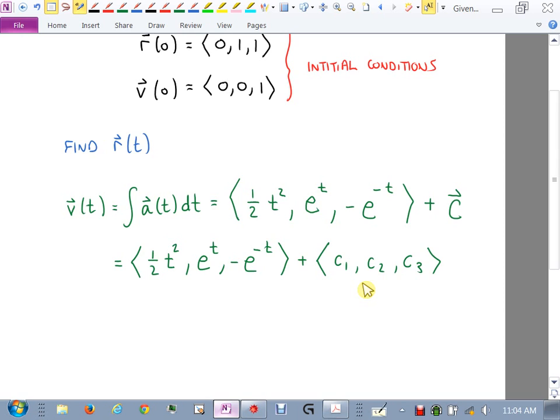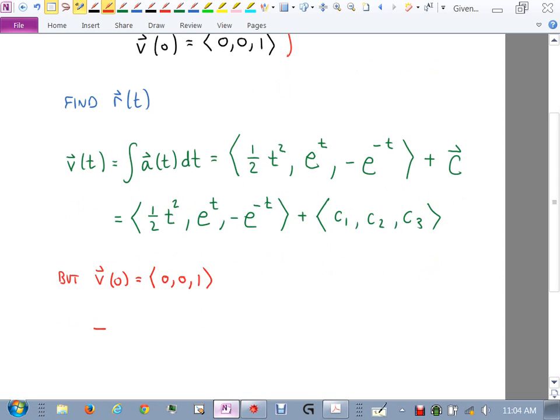So I know my velocity function within a vector constant. I know that much about it. So now I'm going to go and try and figure out what that vector constant is. I need to use one of the conditions that were given. So we say v of 0 must equal the vector 0, 0, 1, which implies that when I plug in 0 here, here, and here, and I add my constant, I should get this vector, right?